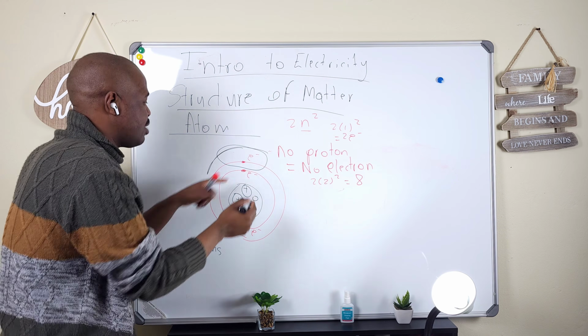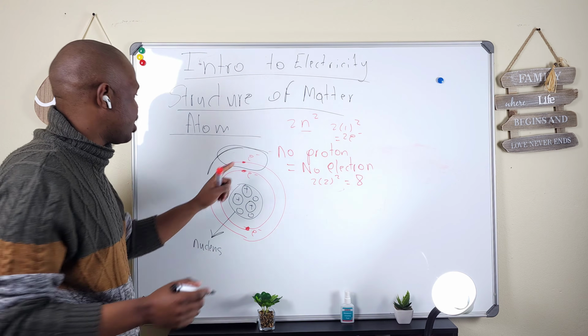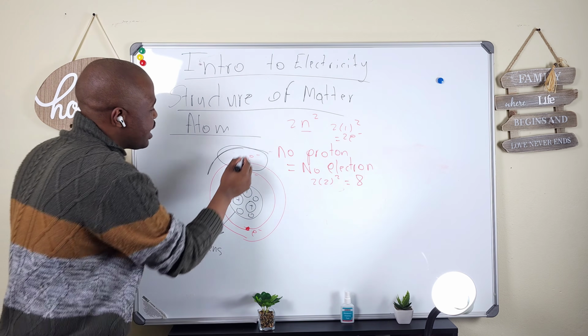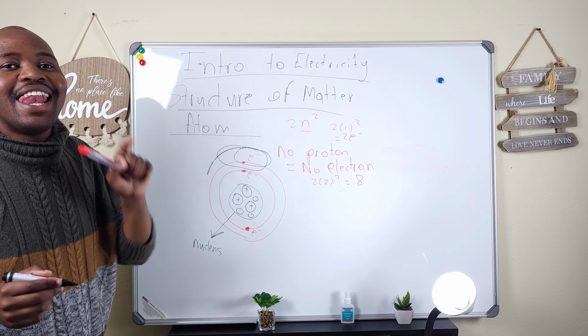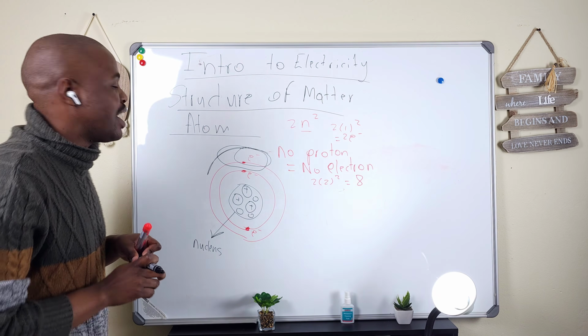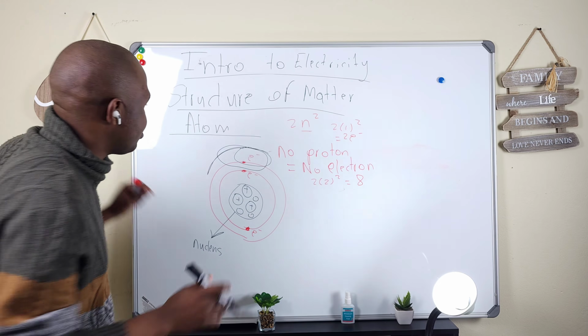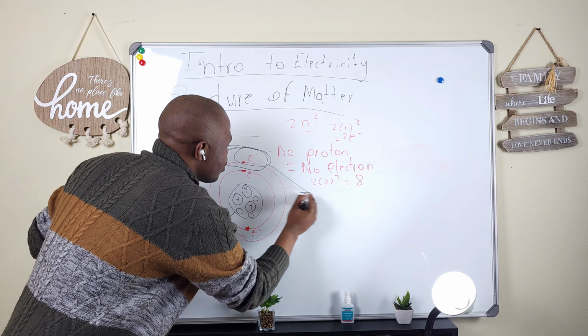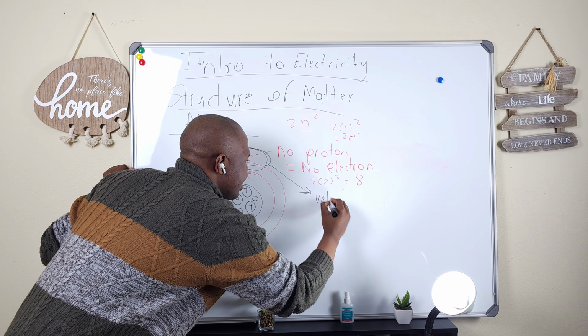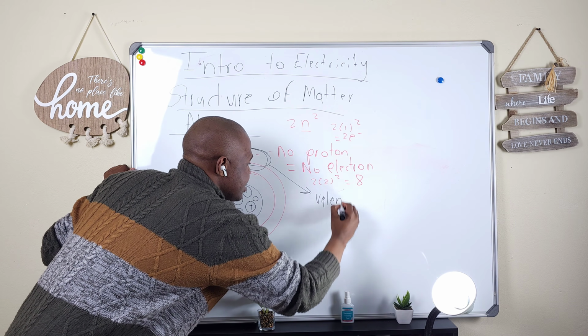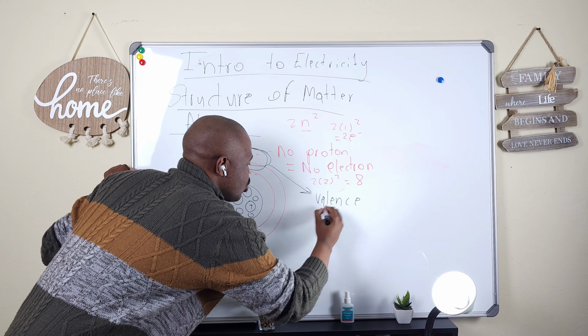We electricians are concerned about the electron in the outer shell, which we call the valence electron.